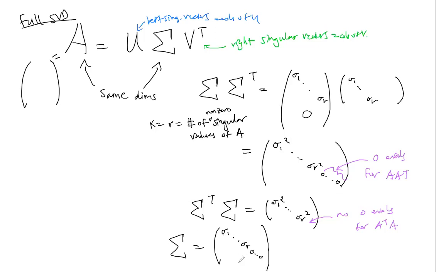This is all diagonal, and then you have a bunch of zeros. So some of these could be 0, in which case you can't solve for the singular vectors immediately and have to figure out your left and right singular vectors differently. For the truncated, I believe so. If your singular values are 0, you can just truncate, stop at your sigma 1 through sigma r, and stop solving for u and v after those.